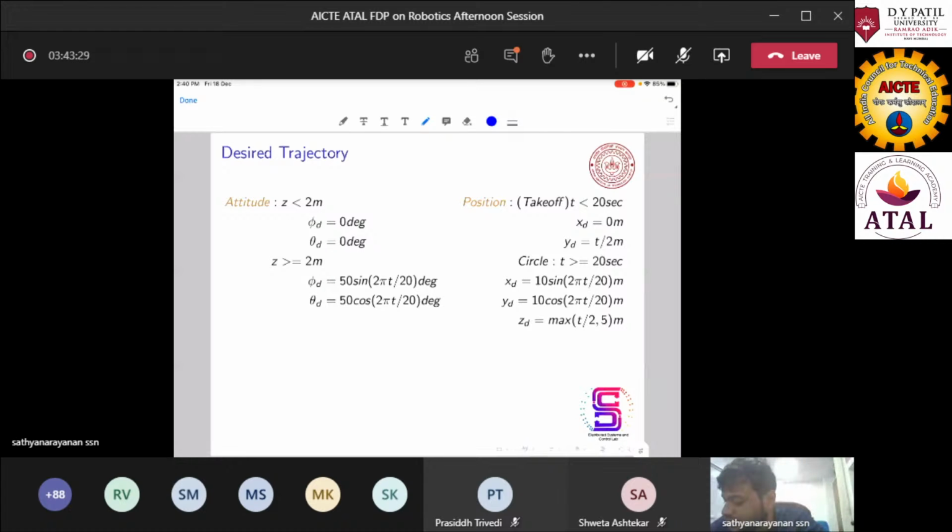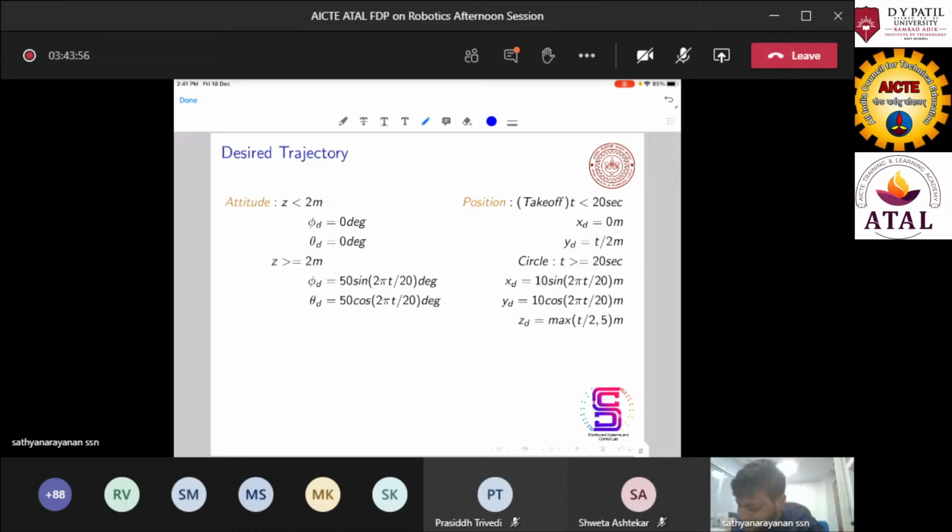This is for attitude, that is orientation. For the position, we have decided xd to be 0 and yd to be a linear time varying function.